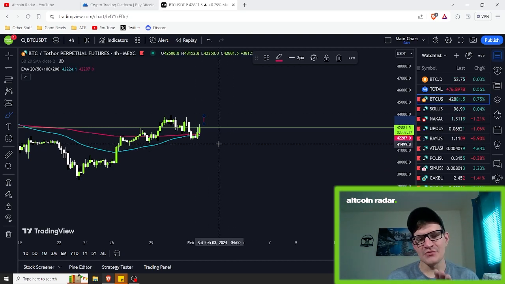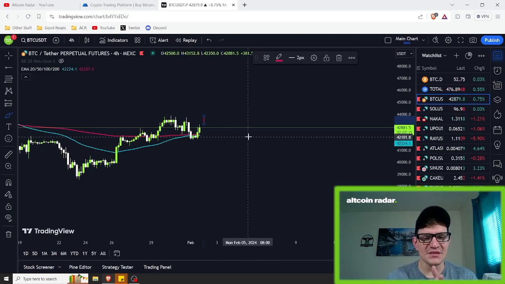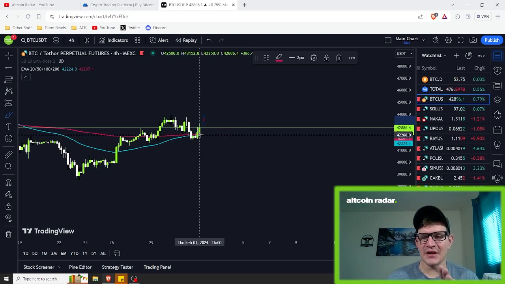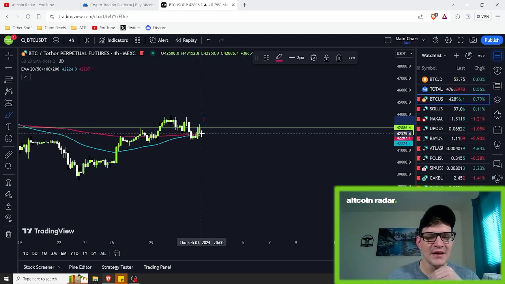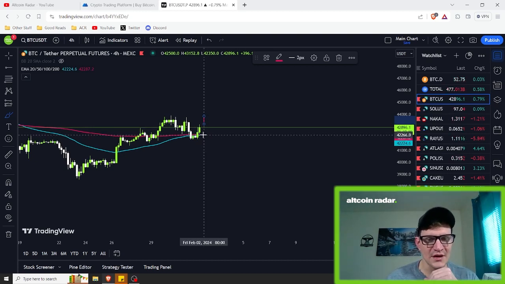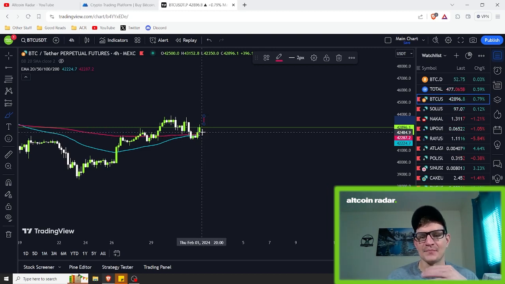And that is how you can tell different support and resistance levels. Especially since these two moving averages are so close together right now, that is a clear, good, solid level for support right there, okay? So we can call this a good support level right now. If we end up staying above it, it means we're basically bouncing off of support.